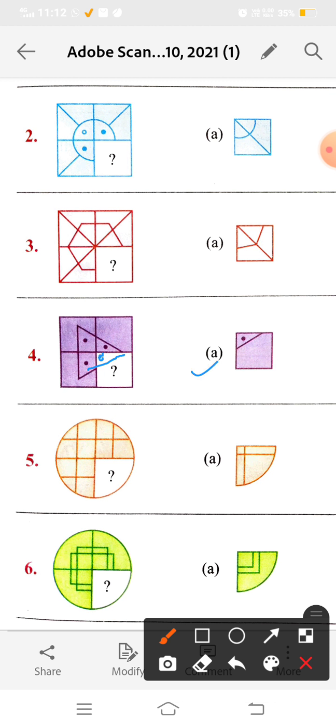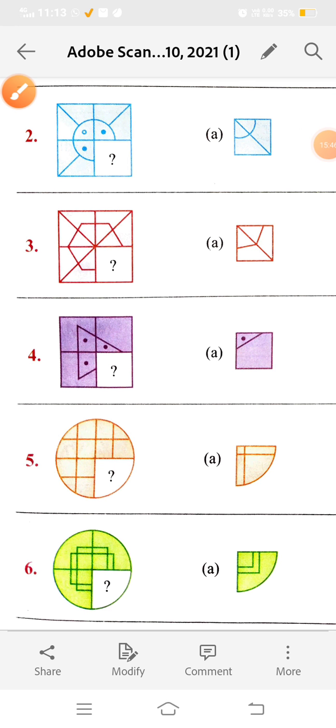See here, option A. Option A is our correct answer. It is very easy to find. Just draw here. See, it will seem like option A. See again. See here, correct. Now do the point here. So option A is our right answer for question number 4.